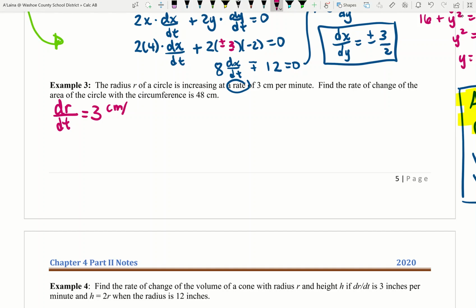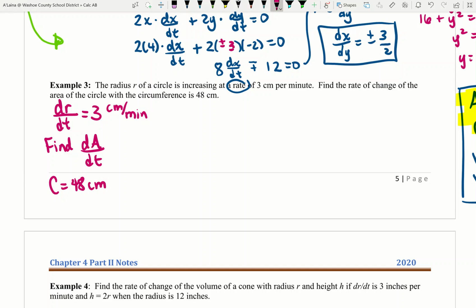Notice that the denominator here for the units is a time measurement, which is why I put dr over dt. We want to find the rate of change of the area of the circle. Well, area we represent with a capital A. This is still going to be with respect to time. And we want to do that specifically when the circumference is 48 centimeters.